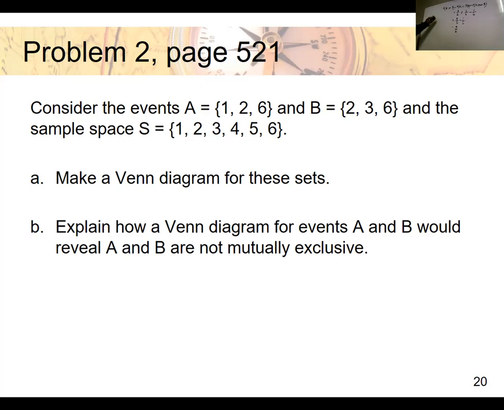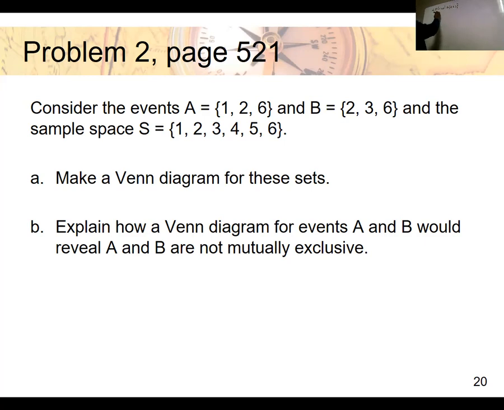Now let's say we want to make a Venn diagram of those two sets. So I'm going to write this down. Event A has 1, 2, and 6. B has 2, 3, and 6.